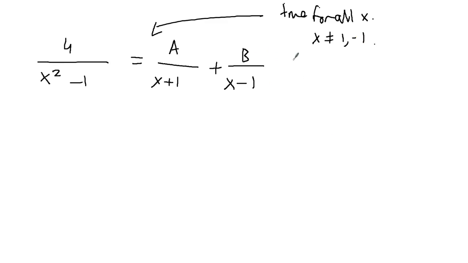I'm going to isolate b. I'm going to multiply by x minus 1. This whole equation is true for all x except x equals 1 and minus 1. So we're going to multiply x minus 1 on all sides.